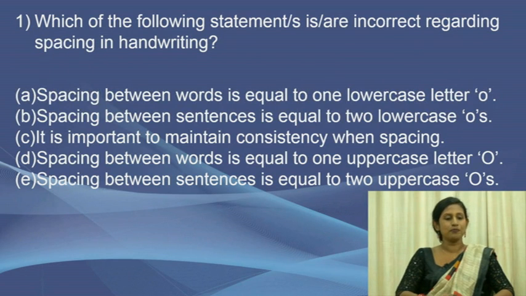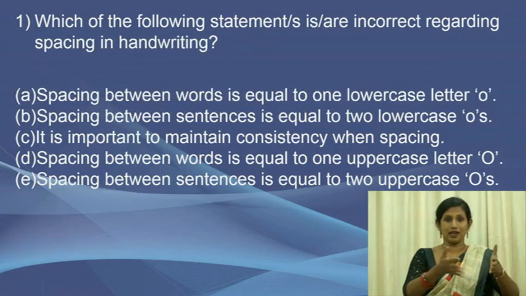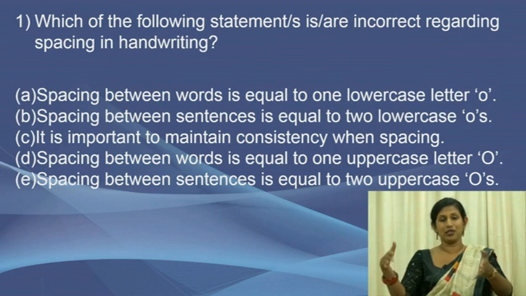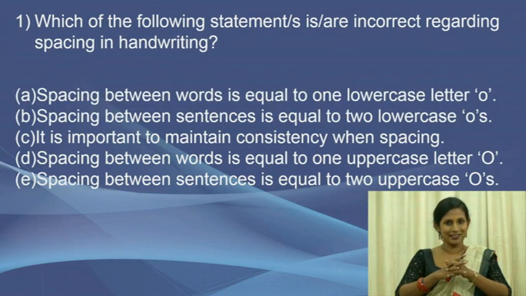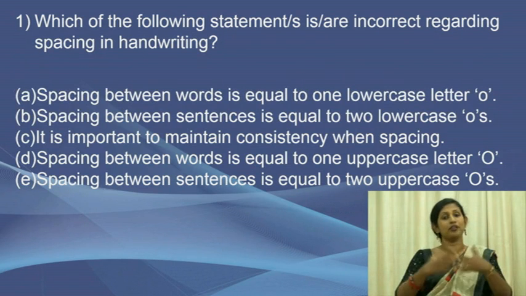C. It is important to maintain consistency when spacing, which is of course very important, because obviously you cannot leave one space between two words, and two spaces between two other words, which is not going to be very nice, which will definitely disturb not only the reading but the writing as well.